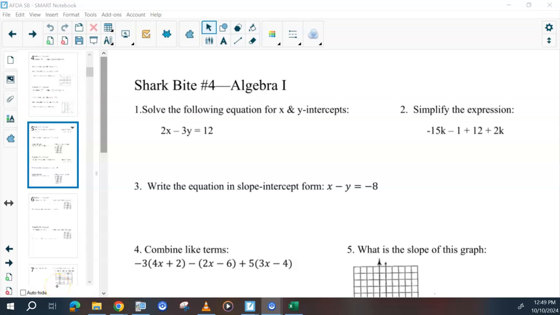Okay. Which questions on this shark bite do we want to see? Do you have questions you want to go over? You can show me on your hands. Is that 4 and 1? Are you showing 5? 3. Jessica, did you have questions you wanted to see?